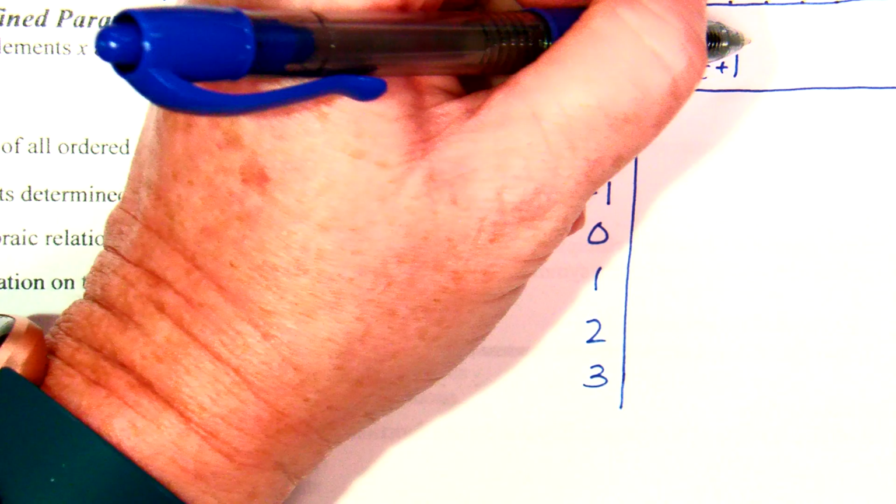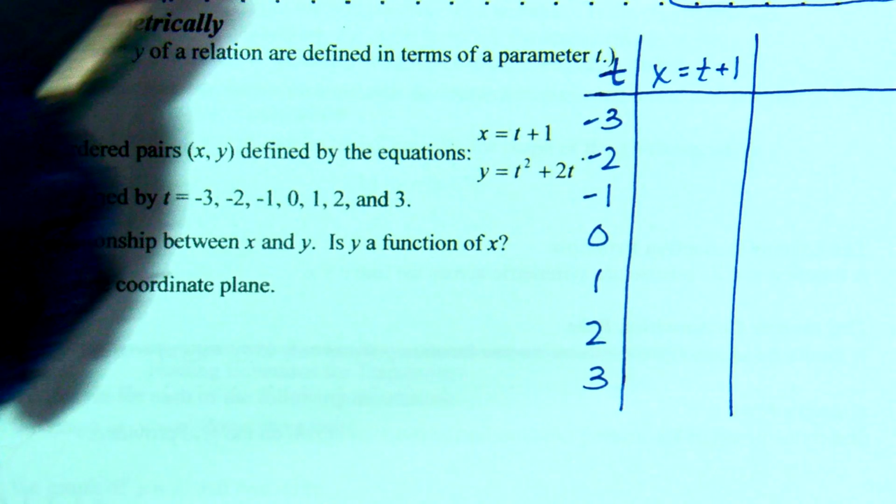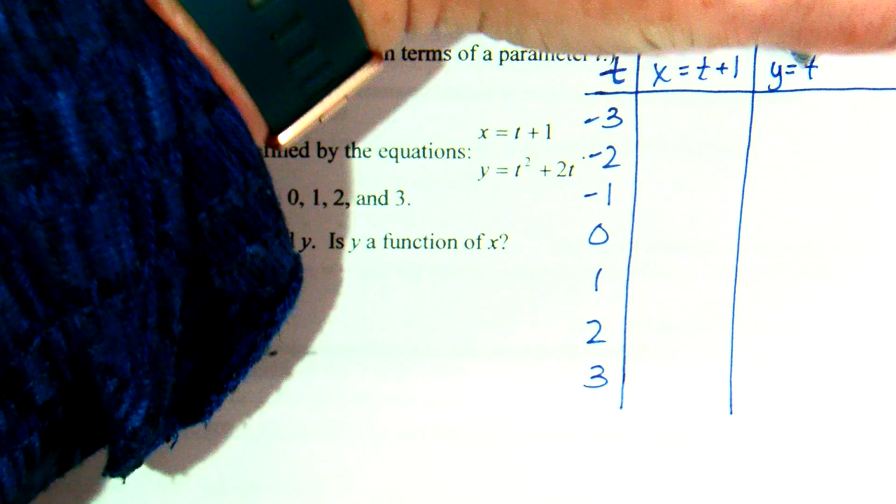Now, we're going to have to find what x is. In order to find x, we plug into t plus 1. Then my next column is my y column. How do I find y? t squared plus 2t, so we'll plug into that.